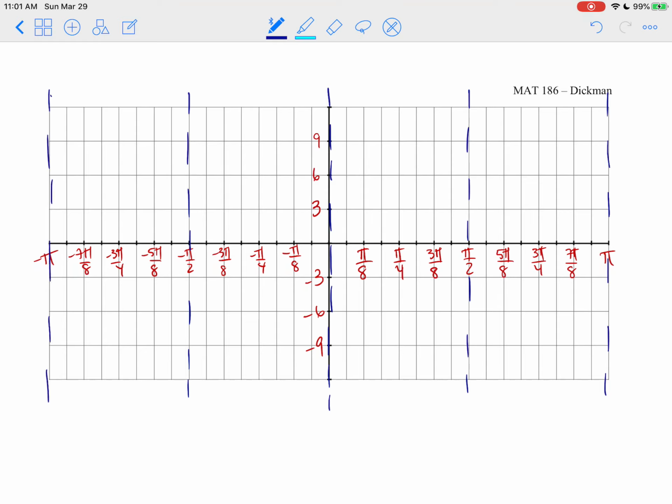So we can actually fit 4 complete cycles of tangent in here, my graph. And again, when we think about the graph, let's just label what the function was. It's 3 tangent of 2 times x minus pi over 4.